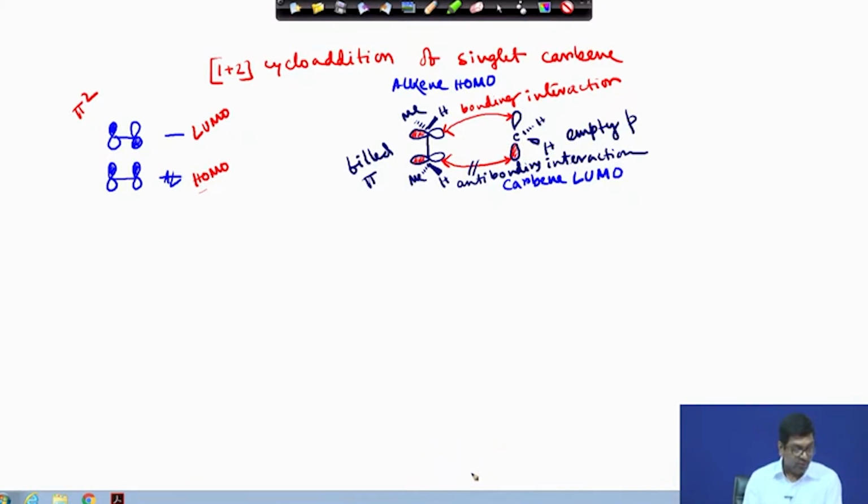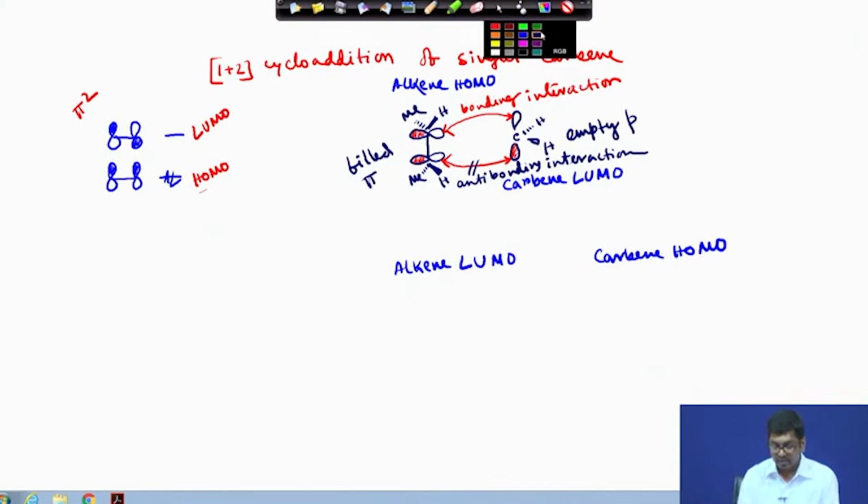Now, here we have taken the alkene HOMO and carbene LUMO. Let us take the opposite one, that means we will take the alkene LUMO and carbene HOMO. So, let us draw this alkene LUMO.